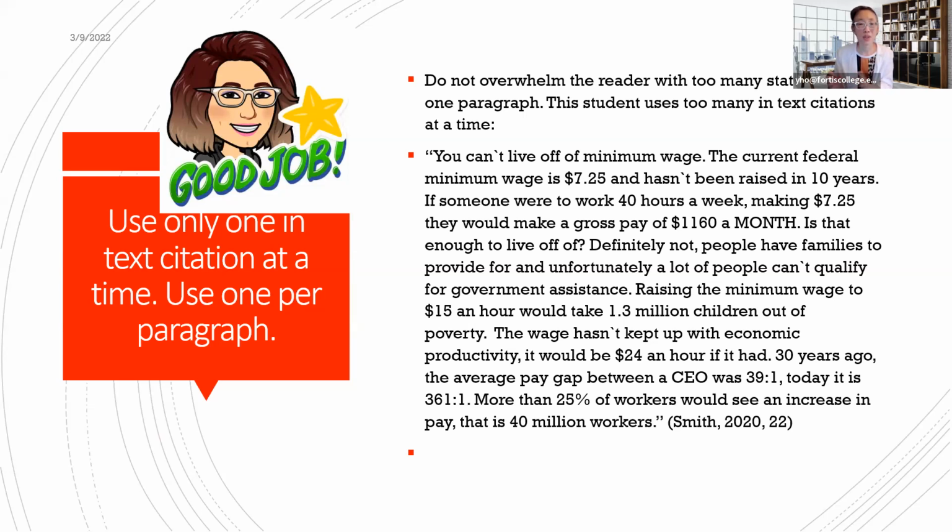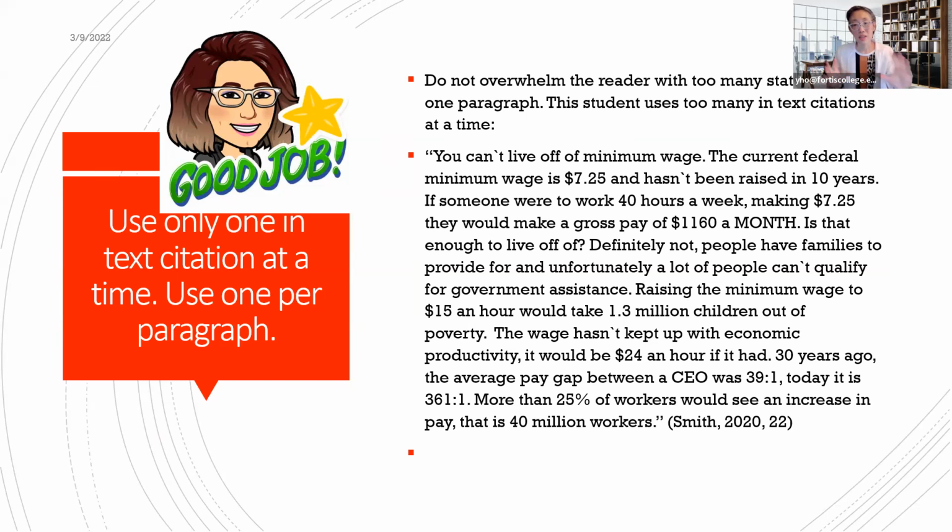Raising the minimum wage to $15 an hour would take 1.3 million children out of poverty. The wage hasn't kept up with economic productivity. It would be $24 an hour if it had. Well, it's more like $50 an hour. But anyway, 30 years, and the average pay gap between a CEO was 39-1 today, and so on. More than 25% of workers would see an increase in pay, and that is 40 million workers.